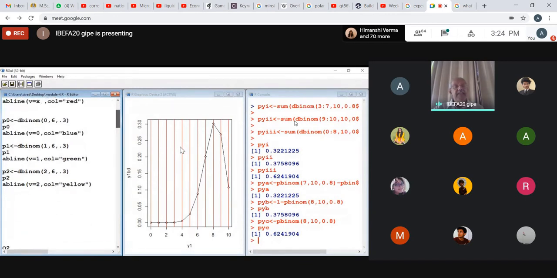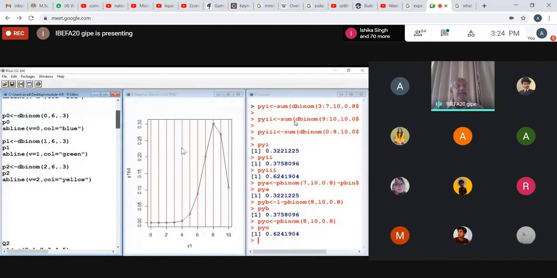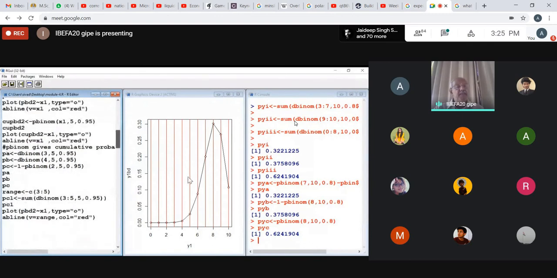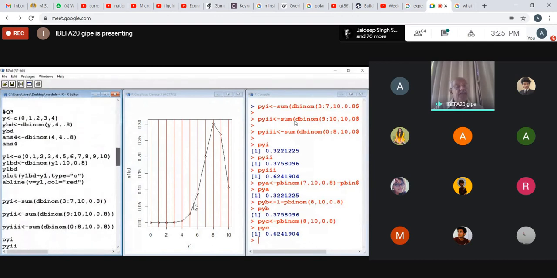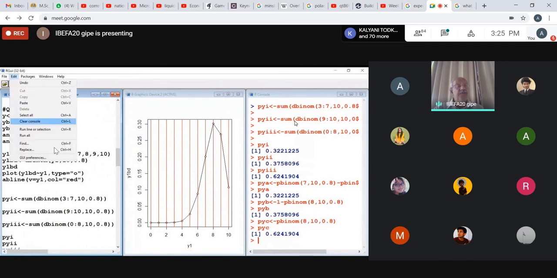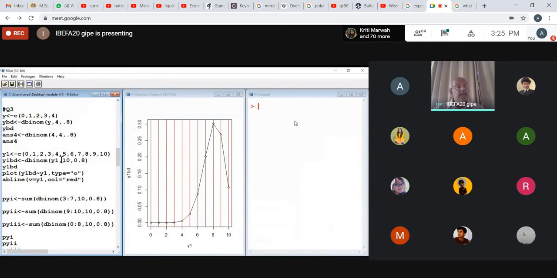Binom, that means individual values of X and the probability. That is distribution. See, for example, question number 3 once again. Don't lose the concentration when I explain. My Y will be 0, 1, 2, 3, 4. D binom, that means for every value, evaluate the probability.